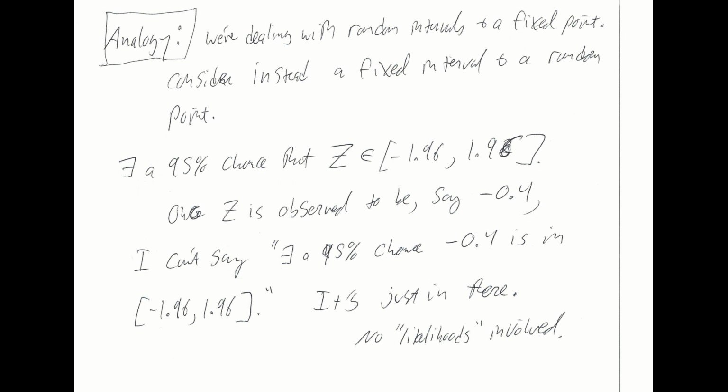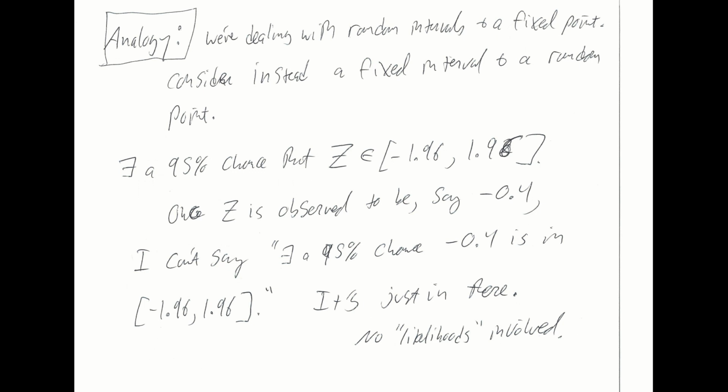That was part and parcel of what we did in the first part of this lecture when we were developing the idea of a 95% confidence interval. So here I've got a fixed interval with fixed endpoints, and I've got a random number. And I'm saying that there's a 95% chance that that random number, once it's observed, will turn out to be in the interval from negative 1.96 to 1.96.